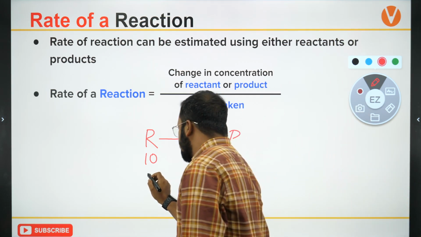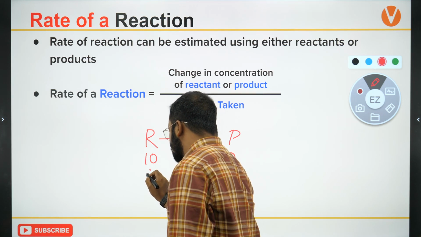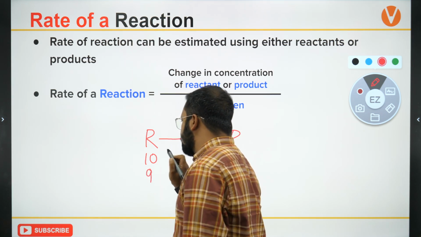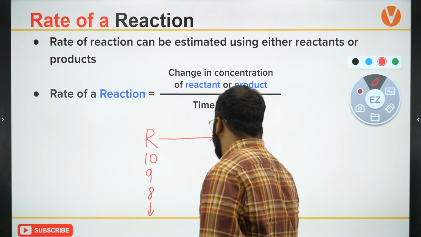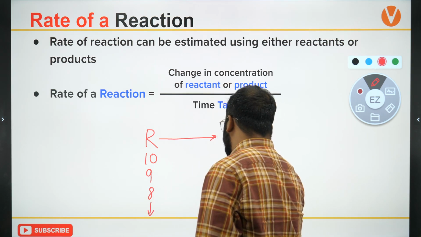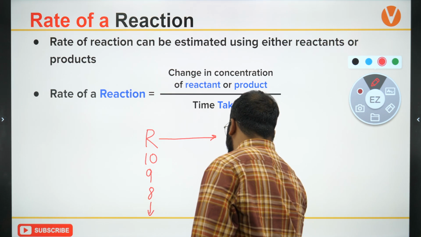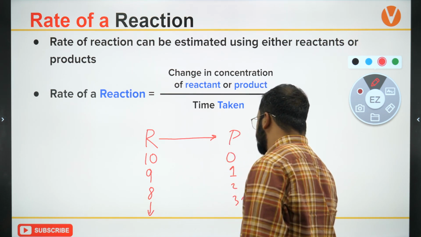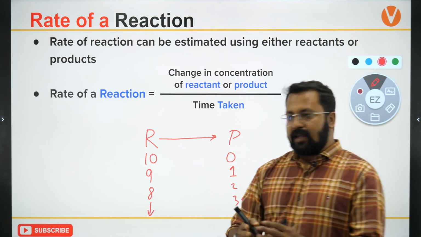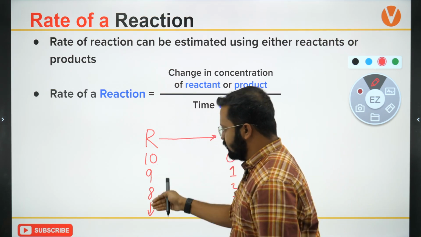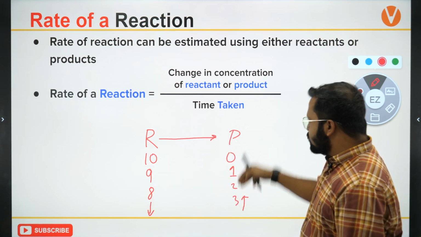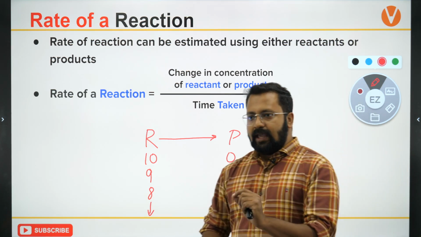Slowly the reactant will get consumed, isn't it? This will become 9, this will become 8, and slowly this will decrease and the product will slowly increase 1, 2, 3. So over a period of time you will see that the concentration of reactant is changing, the concentration of product is also changing, and the time taken.